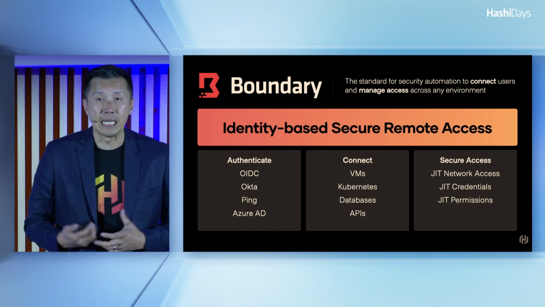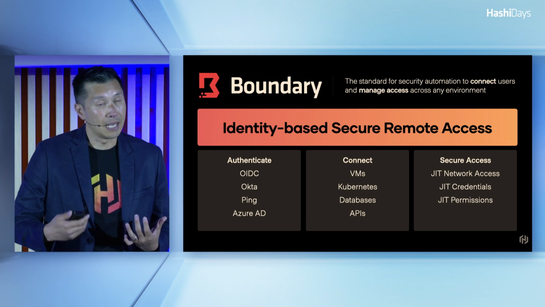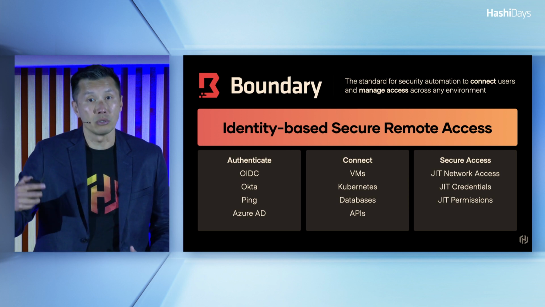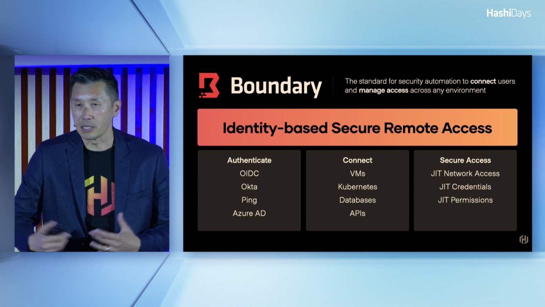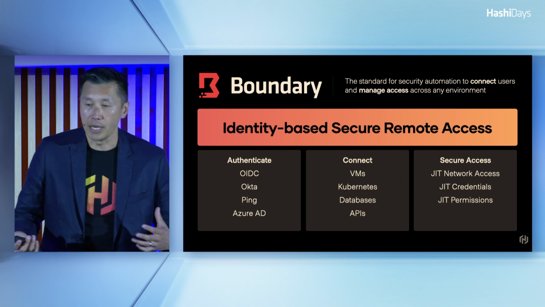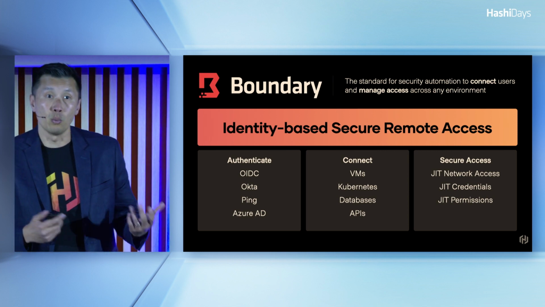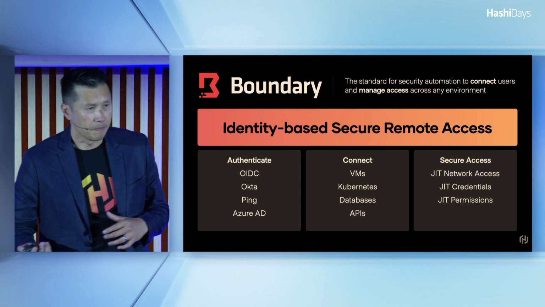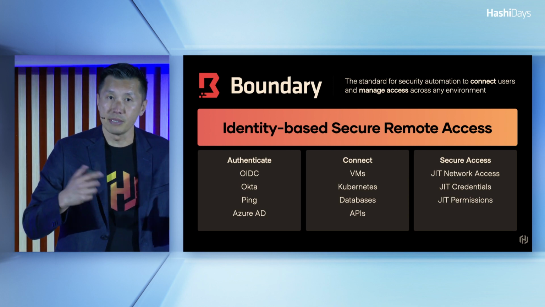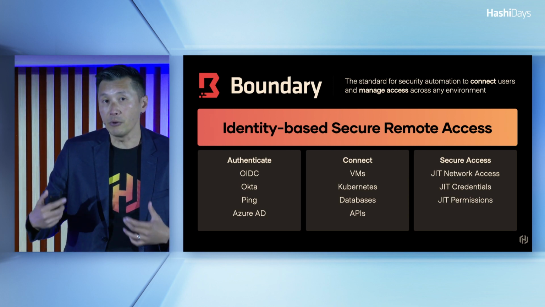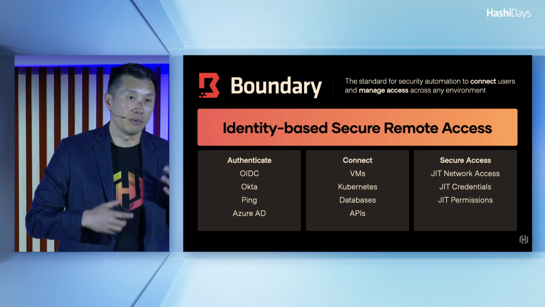Well, they're given a list of resources that they can connect to. Those resources, we call those targets, right? VMs, Kubernetes clusters, databases, right? Typical things that developers or users would want to connect to in your infrastructure. And then once they select to connect, what Boundary would do from a security point of view is provide security in layers.